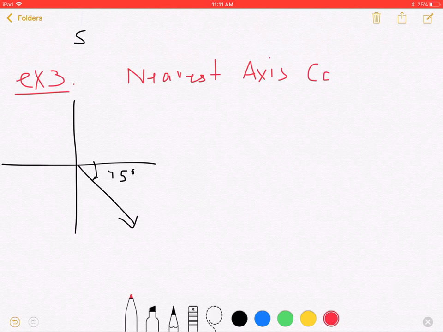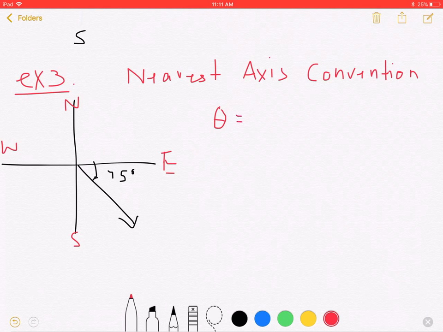We're going to use the nearest axis convention to label the direction of our vector. Okay, so here we currently have theta.